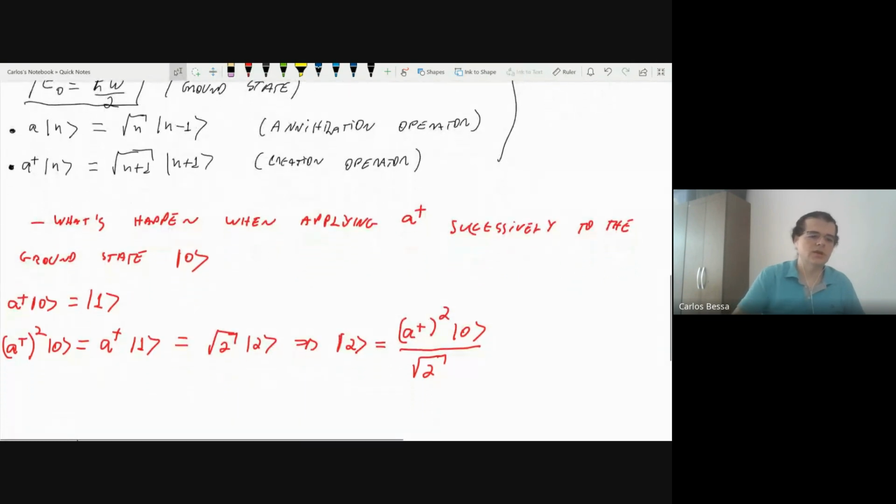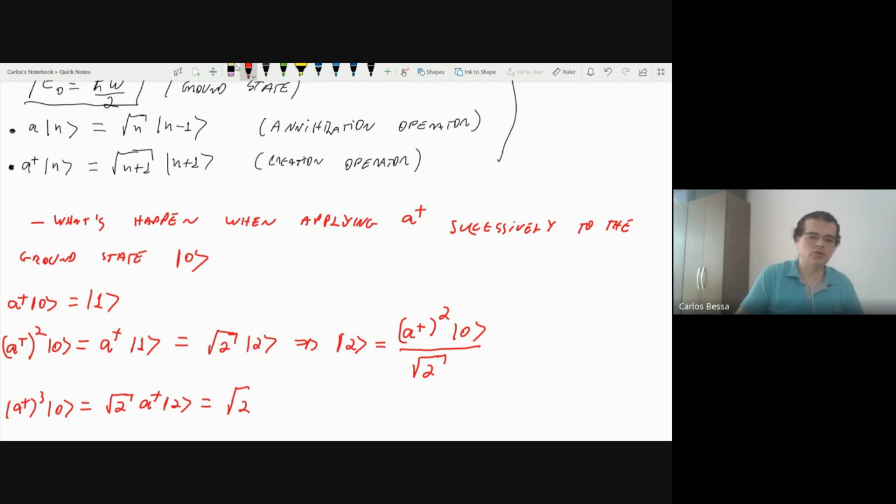We can do this again, a dagger cubed would be a dagger applied to this guy here, so square root of 2 times a dagger applied to 2, which will give us square root of 2 plus 1, so square root of 3.